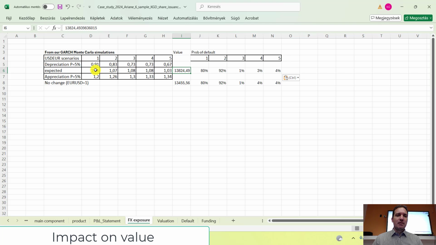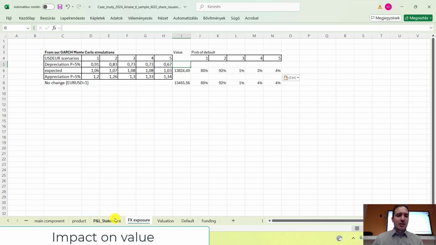So we are really close to the 1-1 exchange rate, sorry, to parity exchange rate, so that's why you can see that it would have significant results. Still, this 400 euro gain on the share price is still enjoyable.